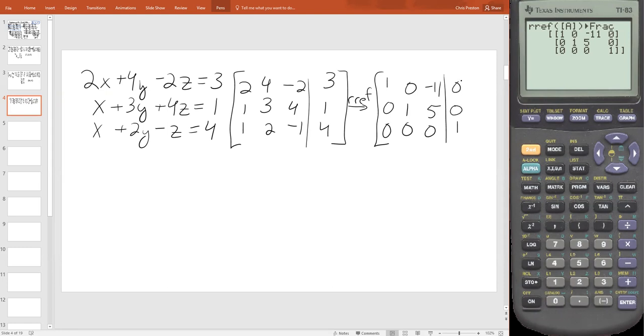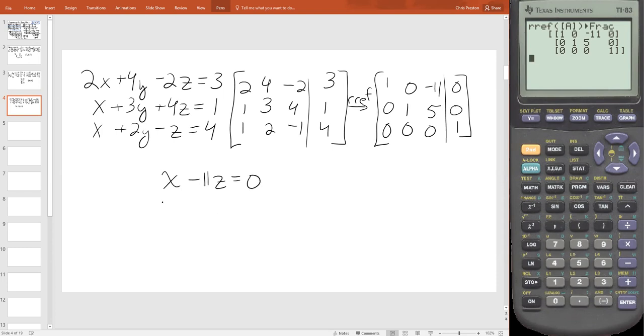Okay, so let's translate this into equations and then see what's going on here. Remember, the first number is the coefficient of x, the second number is the coefficient of y, the third number is the coefficient of z, and the fourth number is what it's equal to. So this first line translates as 1x minus 11z equals 0.